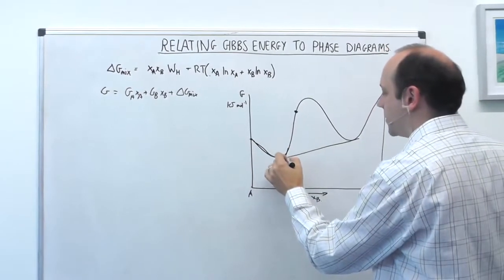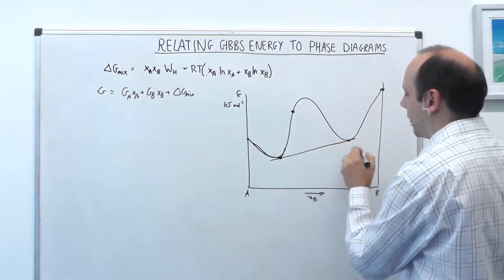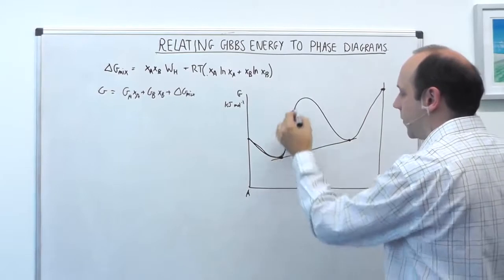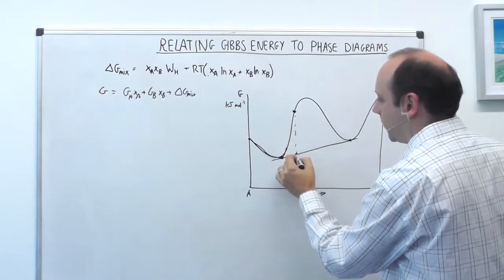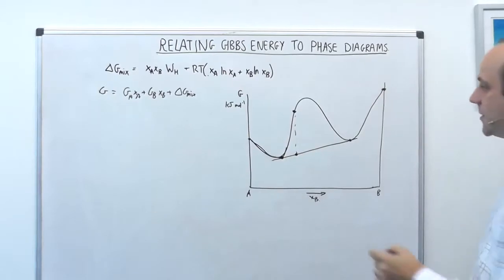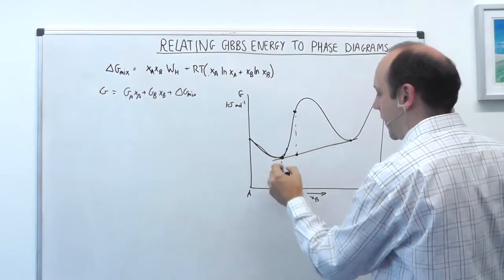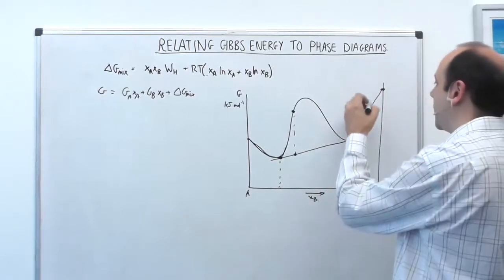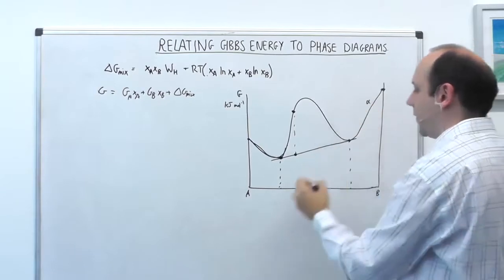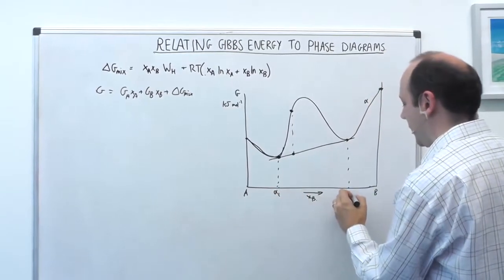So if we took some of an alloy of that composition and some of an alloy of that composition, then we'd form an alloy with an overall energy which was here. So what that means is an alloy here can decompose into an A-rich phase and a B-rich phase. So this is a Gibbs energy curve, say, for a phase alpha, and it can decompose into an A-rich alpha 1 and a B-rich alpha 2.